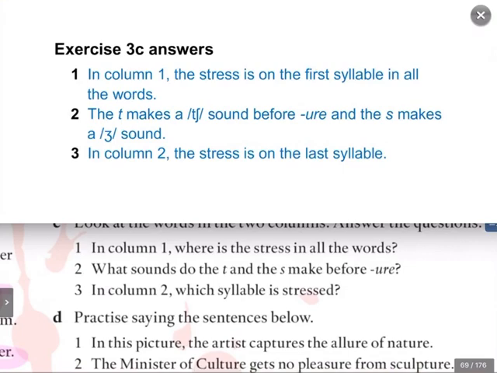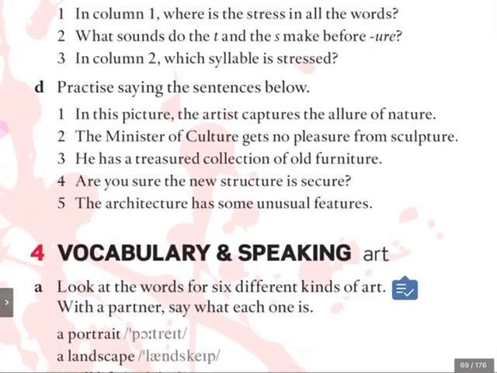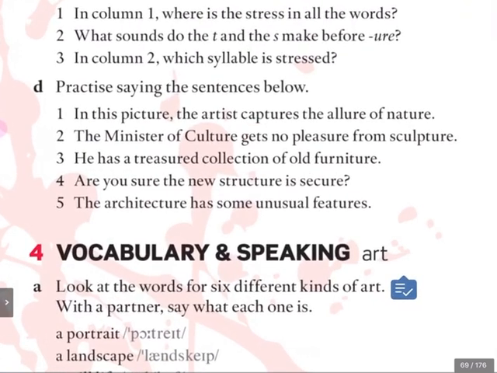Very nice. It says here, practice saying the sentences below. And I promise I'm going to do my best received pronunciation. So listen and repeat. In this picture, the artist captures the allure of nature. Have you got it? Number 2. The Minister of Culture gets no pleasure from the sculpture.